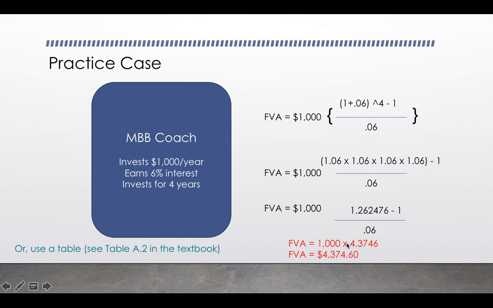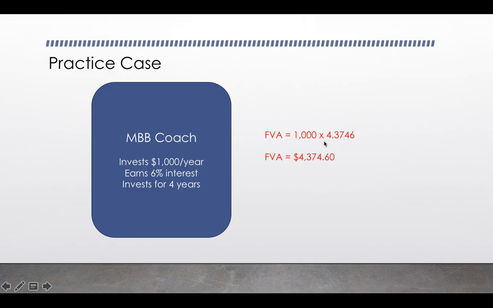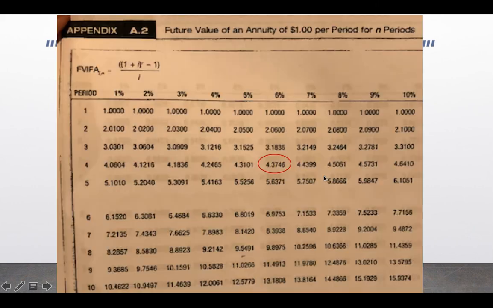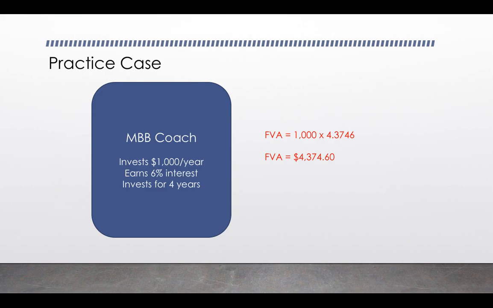right? We still have to multiply it times 1,000. So again, if we just use the table, if we didn't use the full formula, it would be 1,000 times 4.3746. And again, we get the exact same answer that we got doing it the long form way. We just saved quite a bit of time, right? So ultimately, when you are given one of these scenarios, say as a practice case or on a test, feel free to use those tables.